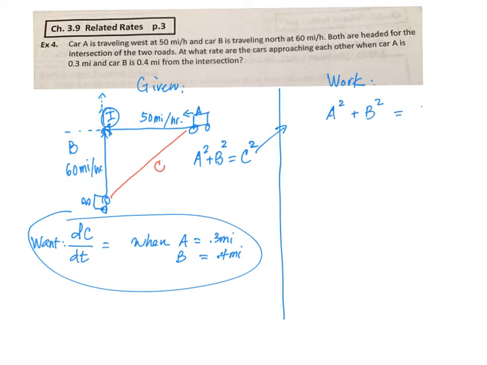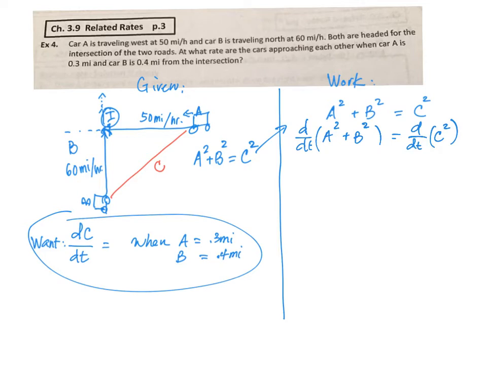So we always have a formula describing the picture. Now we need to take d/dt of both sides to find the rate of change with respect to time, or the rate at which the two cars are approaching each other. So d/dt of c squared.